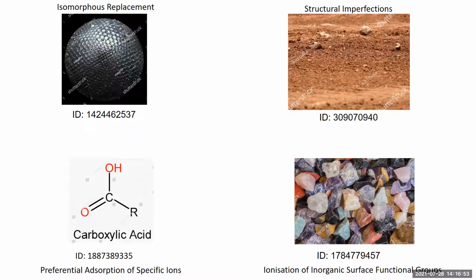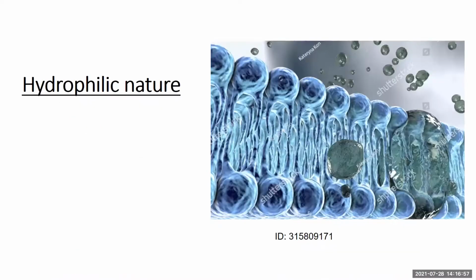All right, let's have a look at the hydrophilic nature colloids have. Hydrophilic is water attracting. This allows particles to remain in suspension because they love the water. It's opposed to a hydrophobic nature. This is pictured here. This picture is a human cell wall. It's made up of lipids.